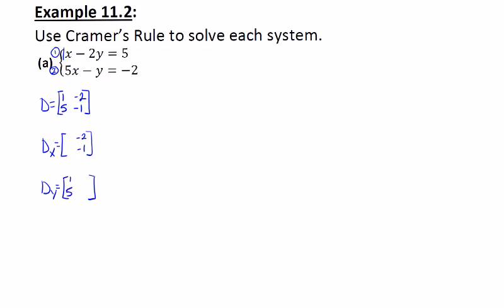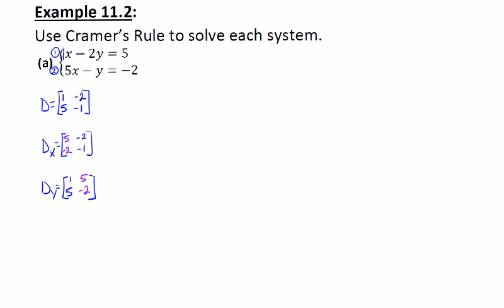For each of Dx and Dy, wherever you omitted a column, you replace it with the constants from the system. In this case, those would be 5 and negative 2. And that gives you all three of your matrices.